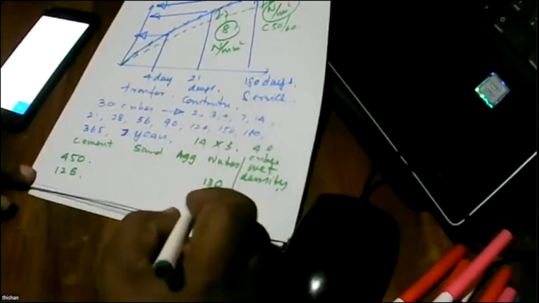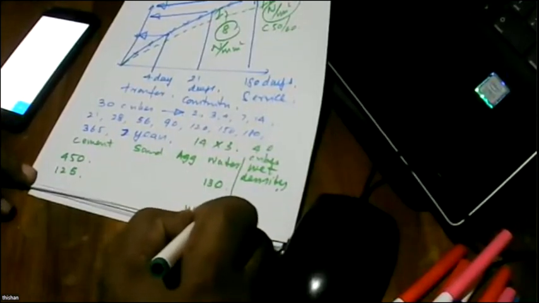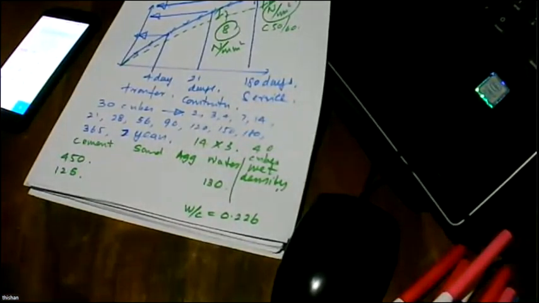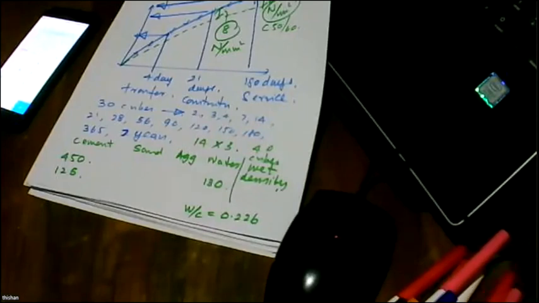So the water cement ratio is 0.226, right? That is quite possible because the minimum is 0.23, so we have come pretty close to the minimum.